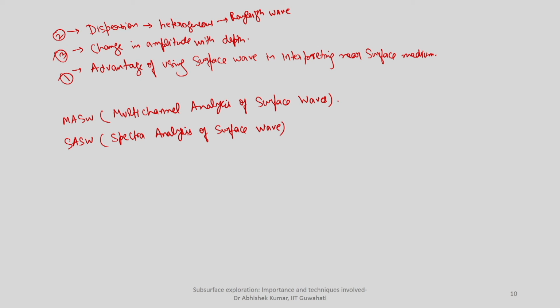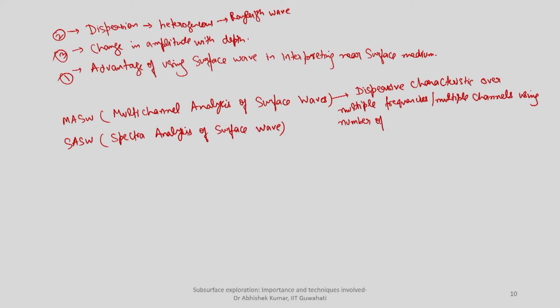In the first one, we try to find out the dispersive characteristic over multiple frequencies or multiple channels, using multiple number of geophones or sensors.